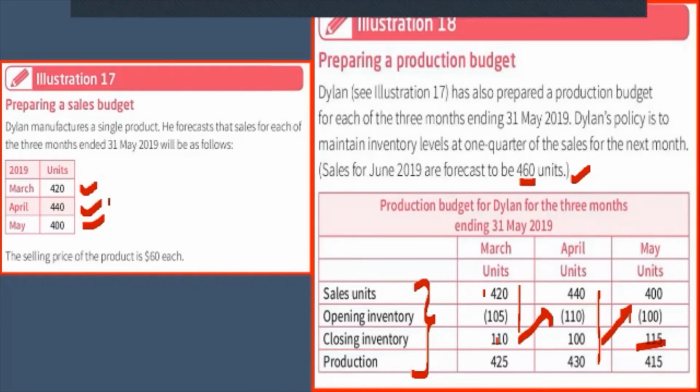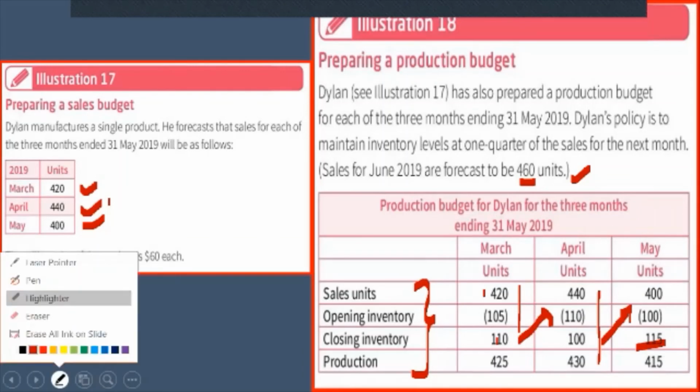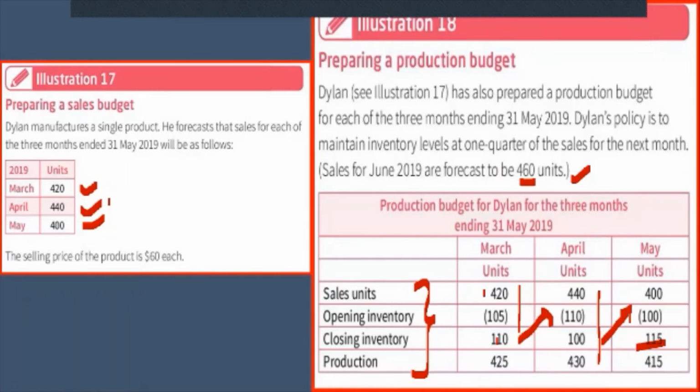Okay, what I'll do, I'll go over this again because I made certain errors there. Maybe a different color. All right. First, we will put in the sales, which we will get over here, and we put them in here. Then the closing inventory, we're told, is to maintain levels at 1/4 of the sales of the next month.